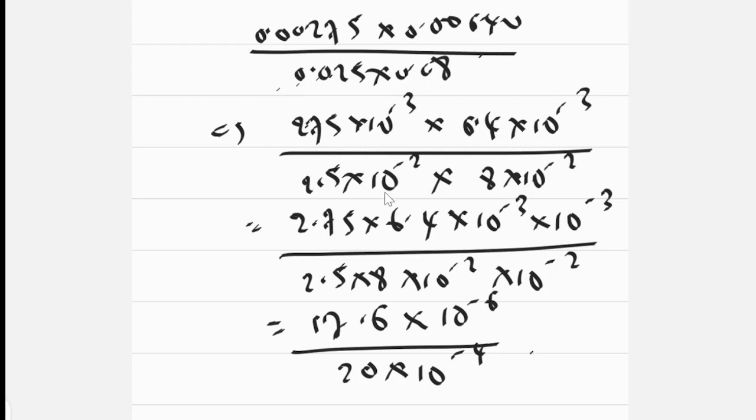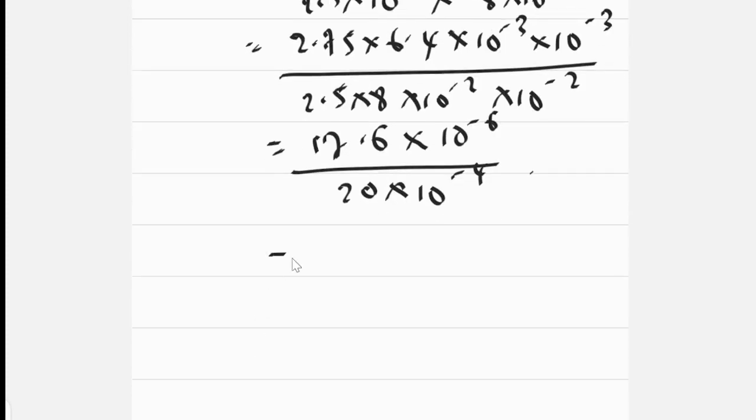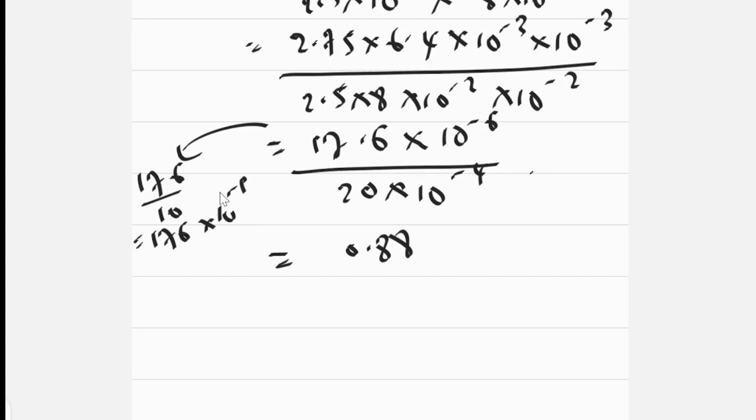So then 17.6 divided by 20. If you divide very well, then I'm going to have 0.88. If you don't know how to do it, you can change this to a fraction. That is 176 divided by 10, which is the same thing as 176 multiplied by 10 raised to the power minus 1. Then you marry this together.